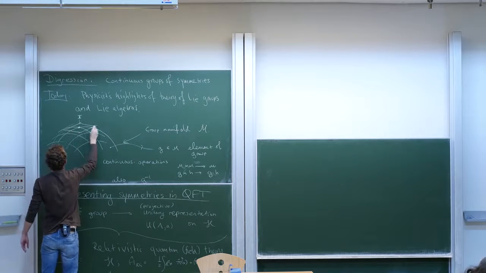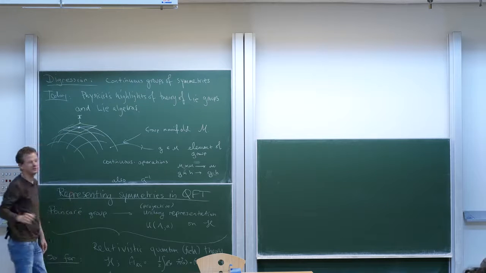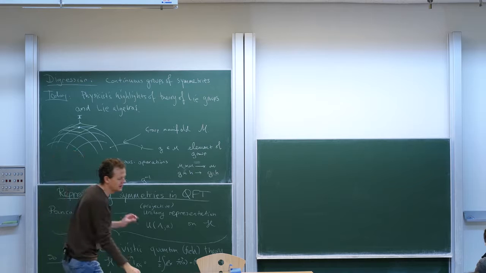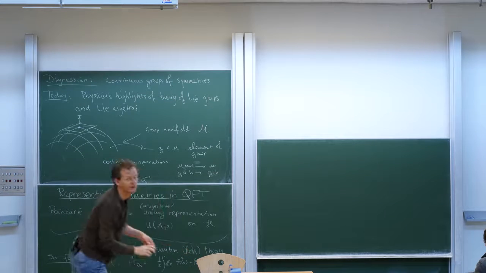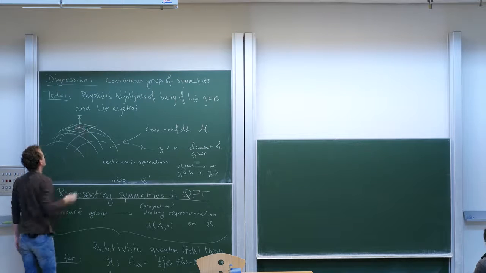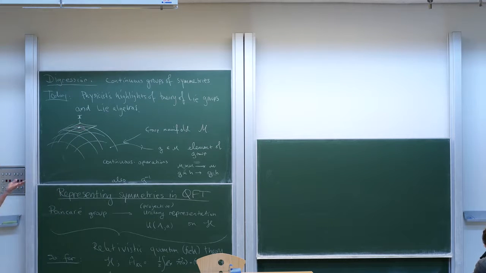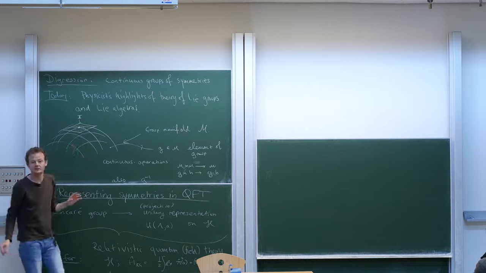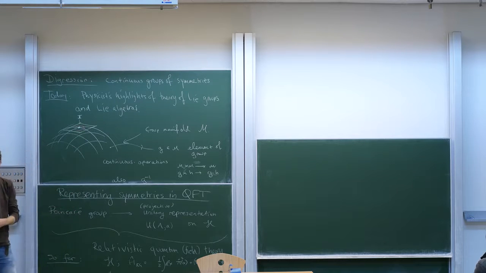This is meant to be the tangent plane at the identity. And then you study elements in the group in a small neighborhood around the identity. Taylor's theorem ensures that the closer you get to the identity, the better this tangent plane is as an approximation to this manifold.